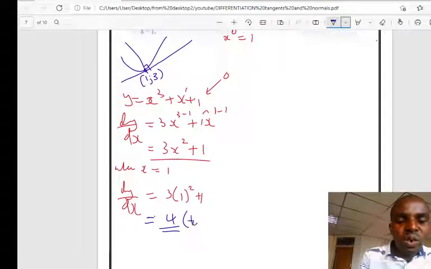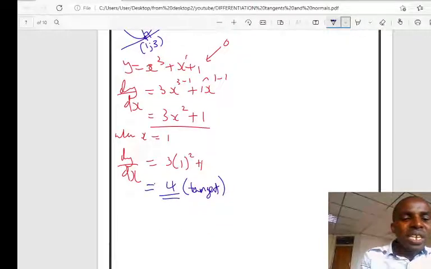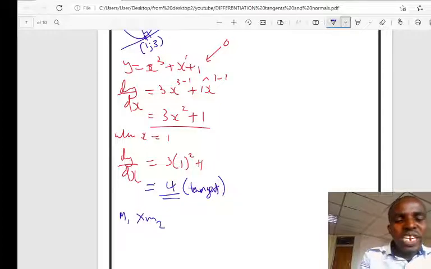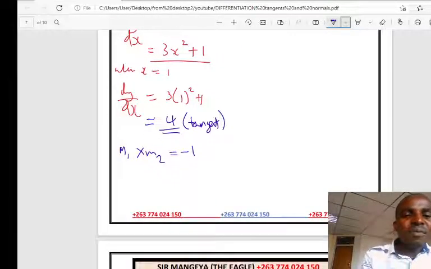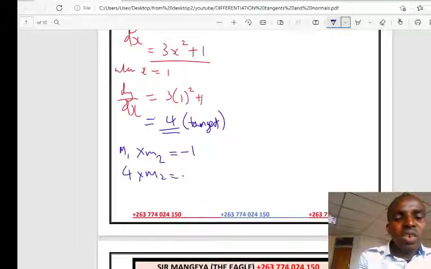Please take note: tangent and curve have the same gradient, but normal and tangent have this relationship. Their gradients, m1 the gradient of the normal times m2 the gradient of the curve, is equal to minus 1. Multiplying them gives you minus 1. So you can say 4 times m2 is equal to minus 1.